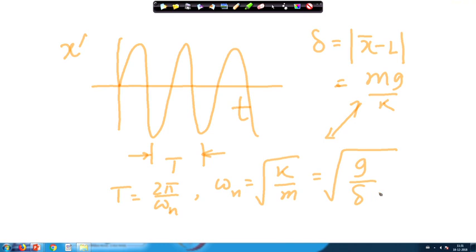Now, what will happen if there is damping? Remember that I took only the spring and the mass. Now, if I take another damper over there, then depending upon the coefficient of the damping, two things may happen.